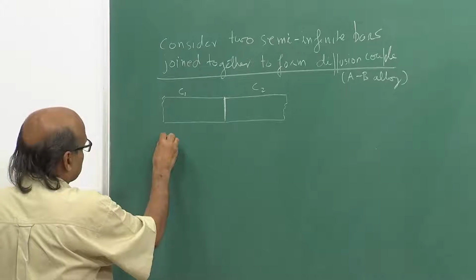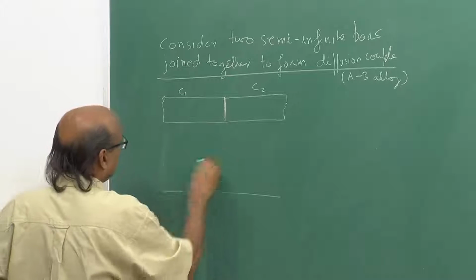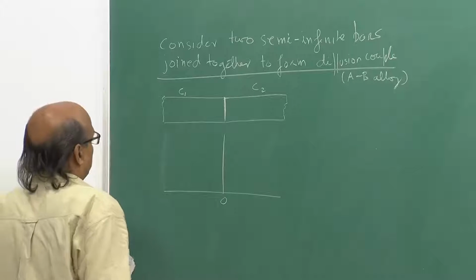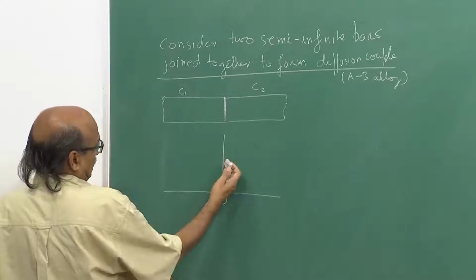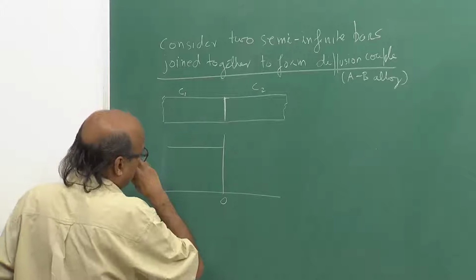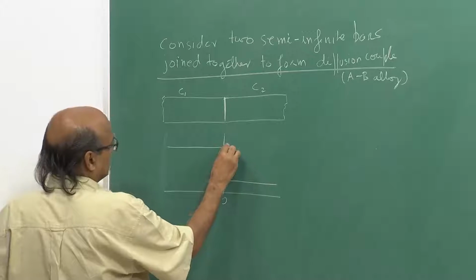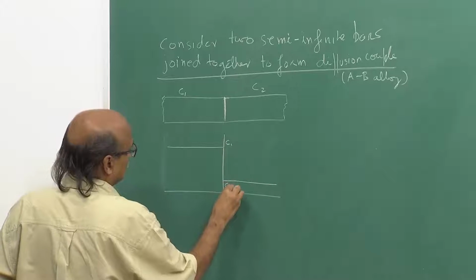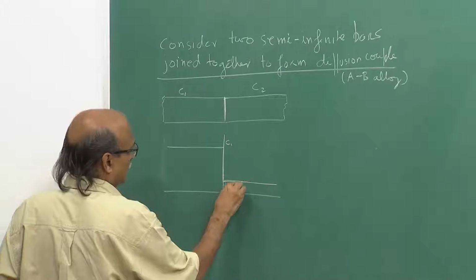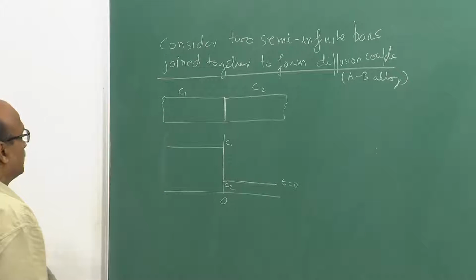Which means that on the left hand side I have a concentration C1, and on the right hand side I have a concentration C2. So, this is C1, this is C2, and this is the concentration profile at t equal to 0.